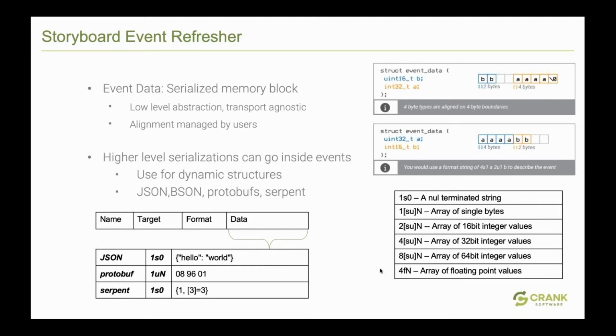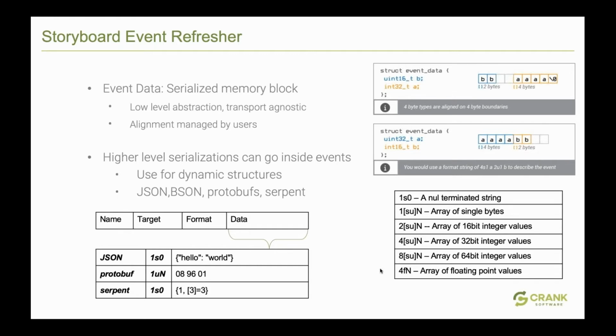But what if you have complicated data structures? What if you have highly dynamic content? What do you do for serializing those types of situations? If you have that type of situation, and it occurs fairly regularly, Storyboard IO, or the Storyboard event format itself, may not be the right choice.